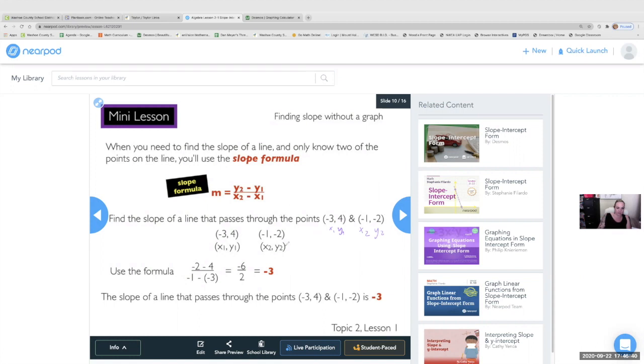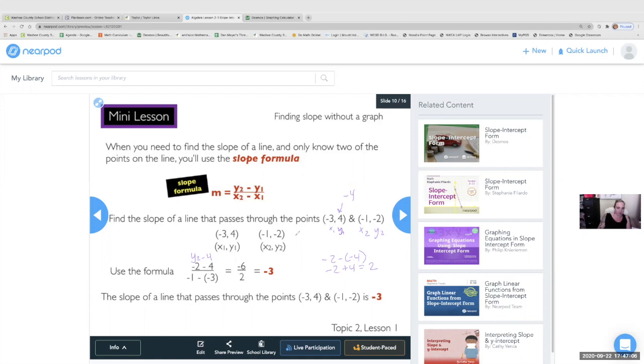So we have y2 first minus y1, which is 4. Now, guys, if this was a -4, you would write this as -2 minus -4. And if you remember, that actually means -2 plus 4. So the change here would be 2. Okay.